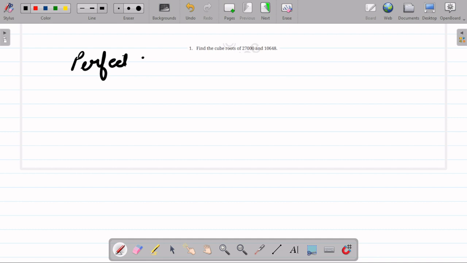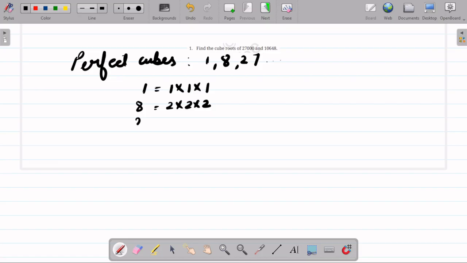What are perfect cubes? You are aware of the sequence 1, 8, 27 and so on. Each of them is obtained by multiplying a number by itself 3 times, right? 8 can be written as 2 cross 2 cross 2. 27 can be written as 3 cross 3 cross 3.